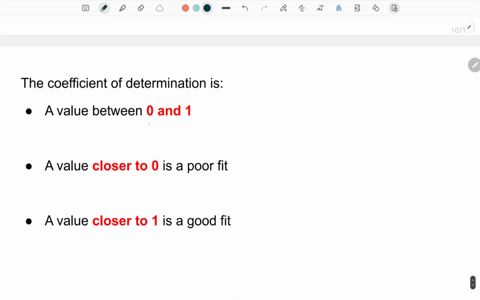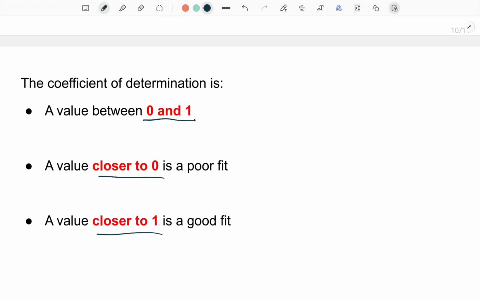Because of that, it's only going to be a value between 0 and 1. If it's closer to 0, like the correlation coefficient, it's a bad fit. If it's closer to 1, it's a good fit. We're not going to subdivide it into different sections like we did with the R value. This is all we need to know.